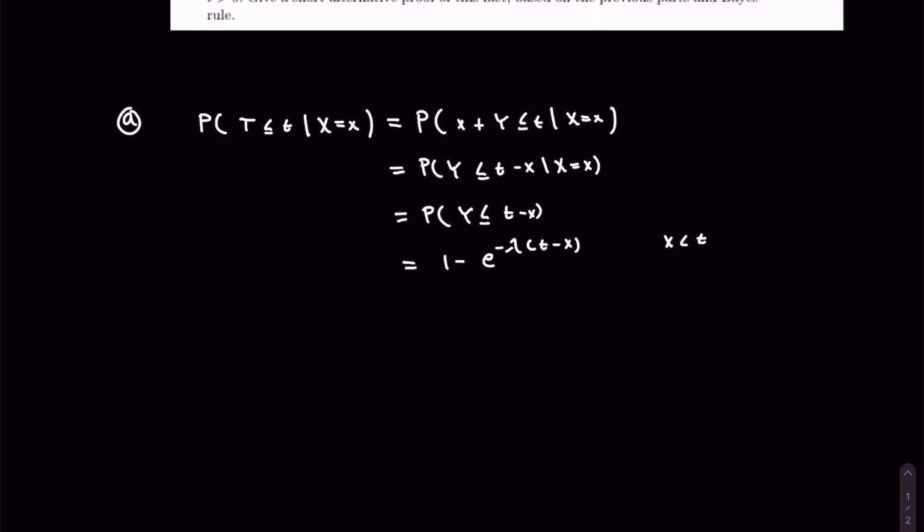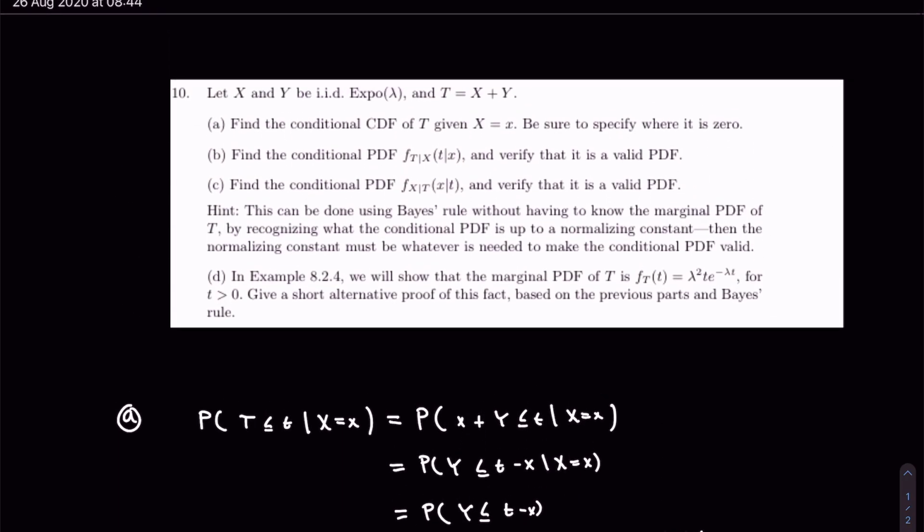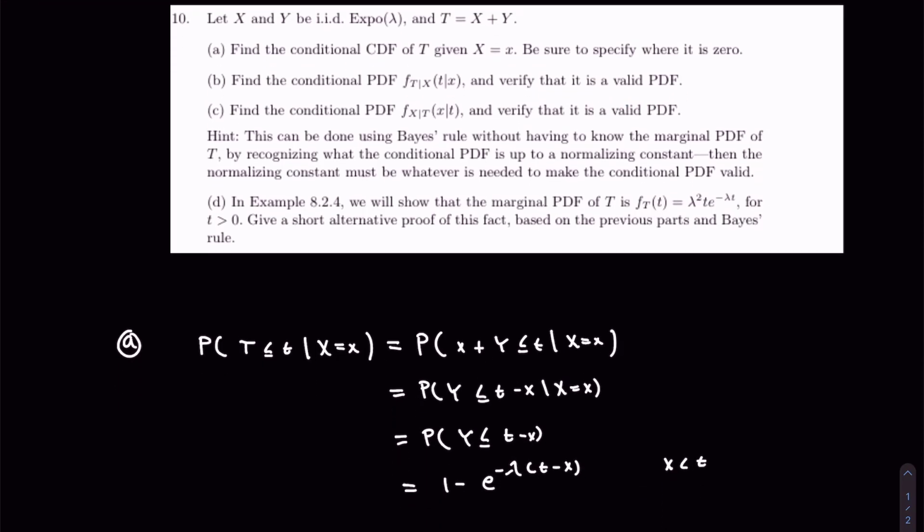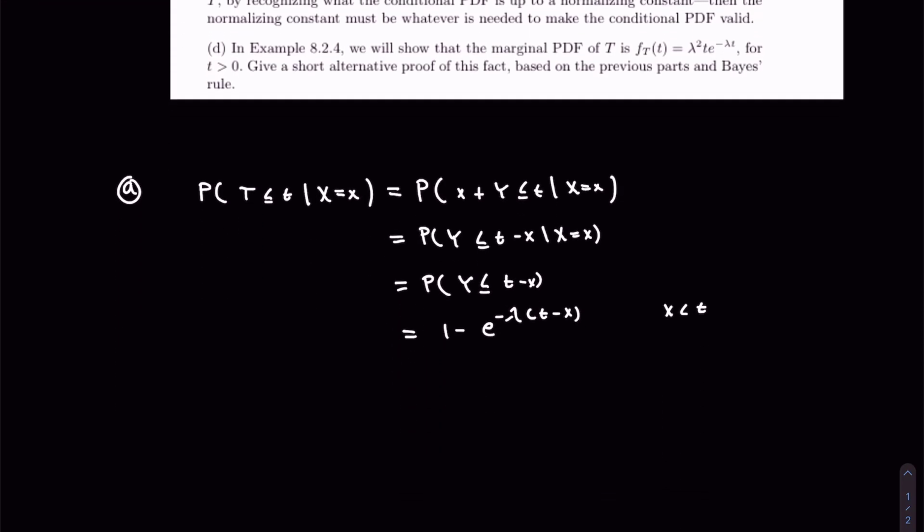So now in question B, we're asked to find the conditional PDF and verify that it's a valid PDF. And now we just calculated the CDF, so the PDF of t conditional on x is the same thing as the derivative with respect to t of this term here, respecting the conditions that we have derived.